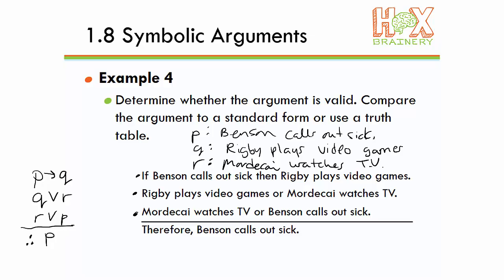So this is our symbolic argument. And it doesn't match any of the standard forms, so we are going to have to use a truth table for this one. Okay, so we have if P then Q, Q or R, R or P, therefore P. So we have P, Q, R. 3 simple statements, so we're going to have 8 cases here.